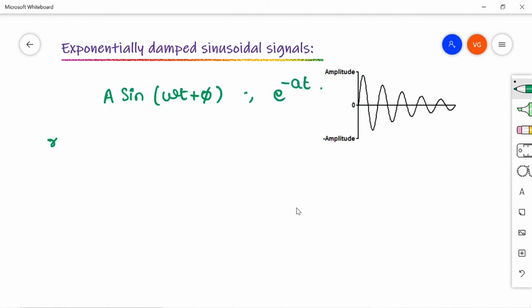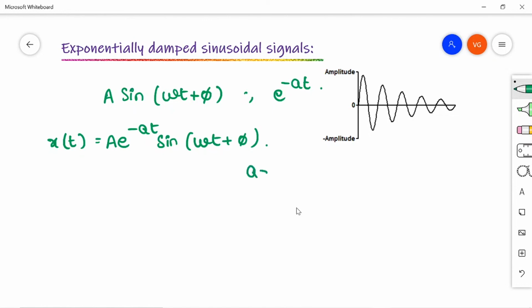So the multiplication of these two signals will result in e power minus a t, A sine of omega t plus phi. Right. So if you multiply these two signals, the resulting signal is your exponentially damped sinusoidal signal.